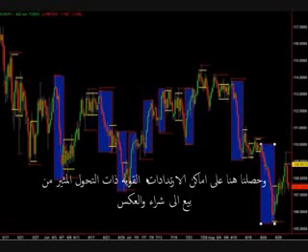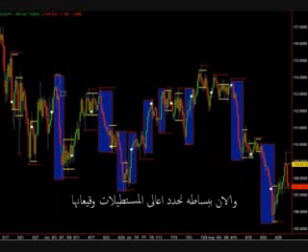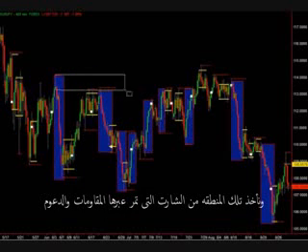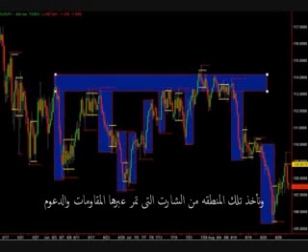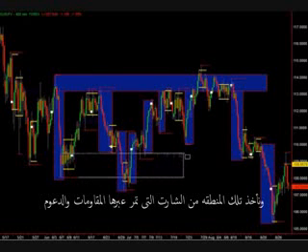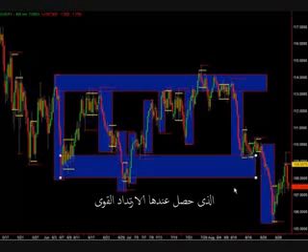There's been a dramatic shift in buyers to sellers or sellers to buyers. The next thing I'm going to do is identify very simply just the high bar and the low bar, and I'm just going to take that area on the chart and move that across. So now I've got an area of support and an area of resistance where the balance of power has shifted dramatically.